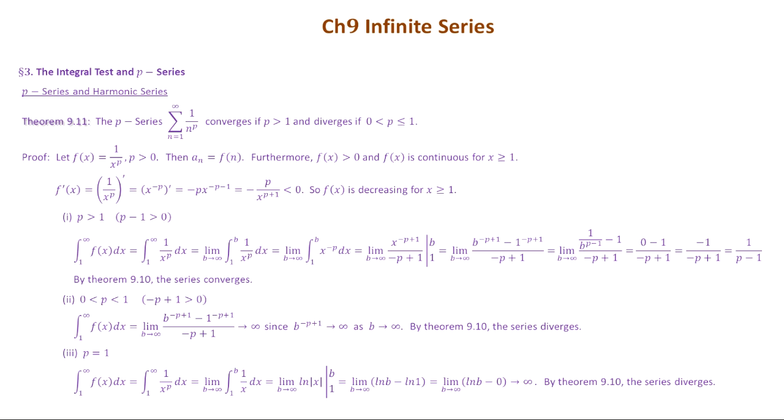Remember, the negative exponent means that the whole thing goes in the denominator, all right? So this is indeed negative because p is positive and x to the p plus 1 is also positive. So the derivative of f is negative, so f of x is decreasing, right? Okay.